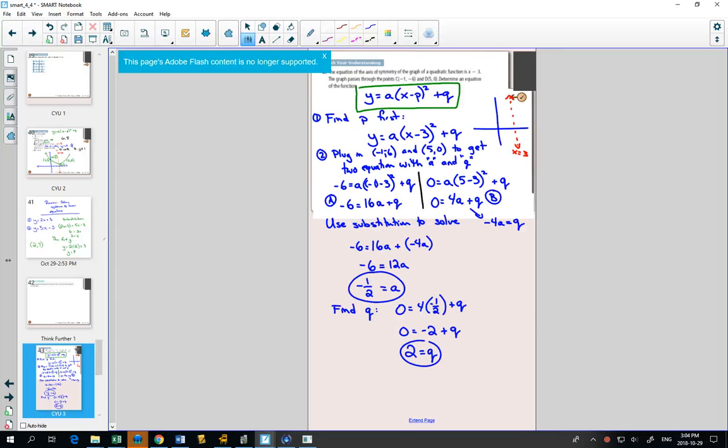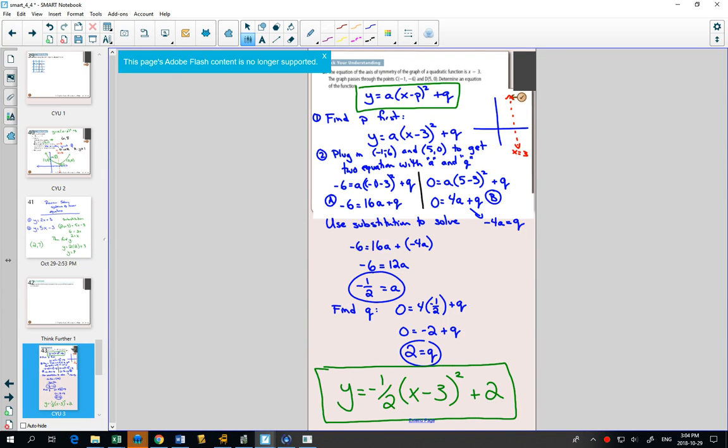So we can say our final equation is y is equal to negative 1/2 bracket x minus 3 squared plus 2. Question number 9 for practice. That is a lot of work.